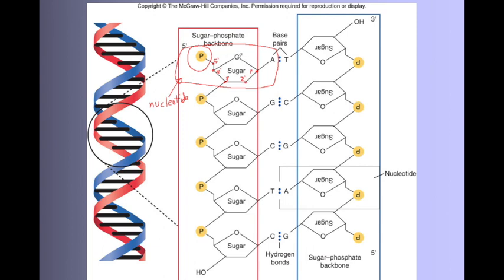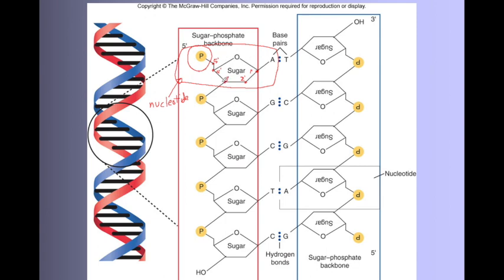So this is technically called a deoxyribose sugar, and this phosphate group. So these 3 components are what makes up a nucleotide. Multiple nucleotides connected together would be a single strand of DNA, right? So this is a polymer of nucleotides. That's the term I'm looking for, polymer.